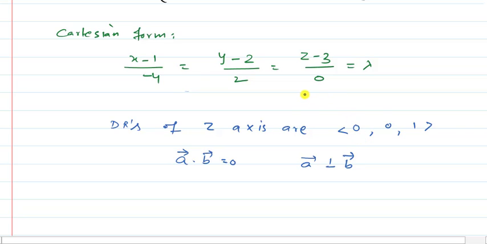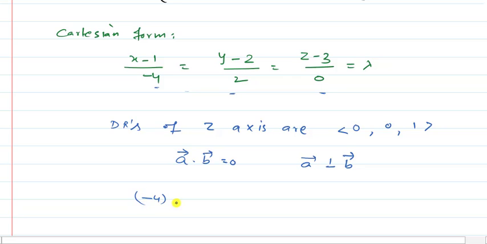So whenever we are talking about a line being perpendicular or parallel to any given line, we are always talking about the direction ratios of the line, because when the angle is being discussed we have to talk about direction ratios only. So if the dot product of these two vectors, minus 4 i cap plus 2 j cap, and 0 i cap, 0 j cap and plus k cap, is 0, then we can say that this line is perpendicular to the z-axis.